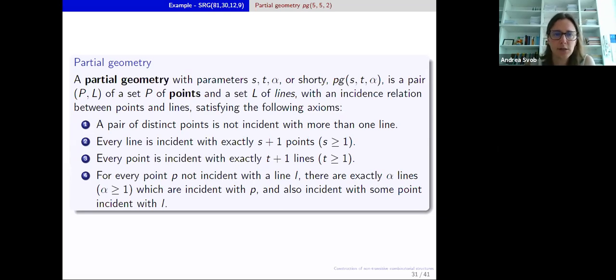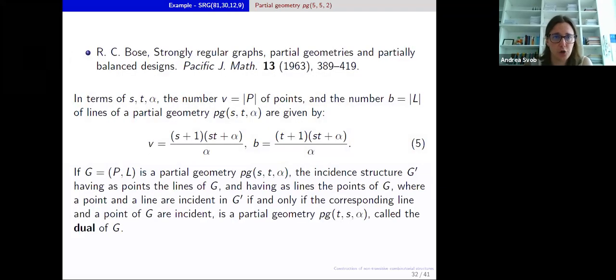Every line is incident with exactly S+1 points, and every point is incident with exactly T+1 lines. And the last axiom says for every point P which is not incident with a line L, there are exactly alpha lines which are incident with P and also incident with some point incident with L. And this is a definition of a partial geometry.